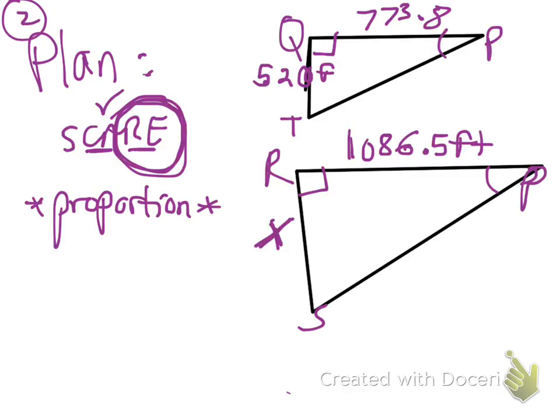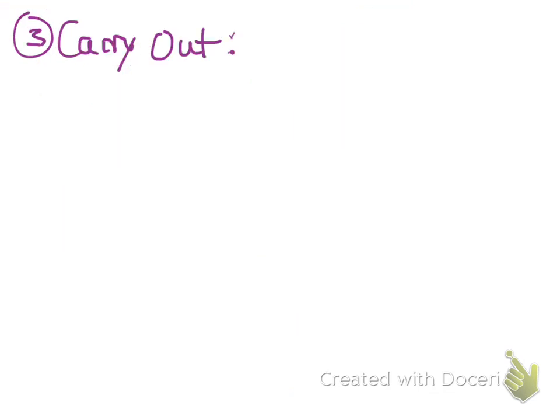Step 3, carry out the plan. In carrying out this plan, I'm going to set up a proportion of my corresponding sides. So QT and RS correspond. QP and RP correspond. So I can set up those side ratios equal to each other.